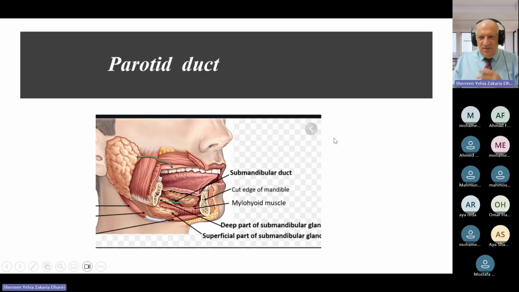All right. So again, Dr. Ahmed, where does the parotid duct open? Opposite the upper second molar teeth. Which muscle does it pierce? Buccinator muscle. What do you expect the next question to be? The nerve supply of buccinator muscle is the facial nerve.